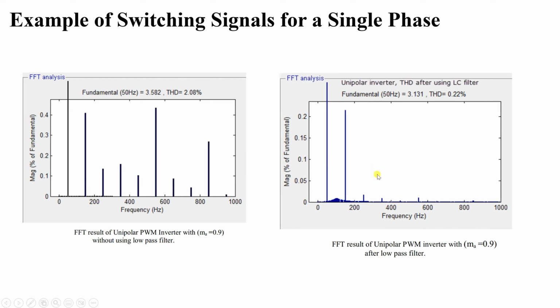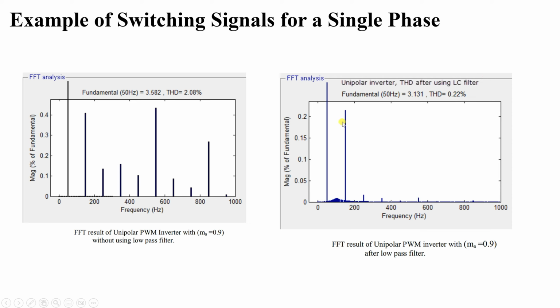If we use a filter, you can make almost all of these high frequency harmonics almost dead. Most of these frequencies or waves are dead. So we'll find that the total harmonic distortion moved from 2% to 0.22%.